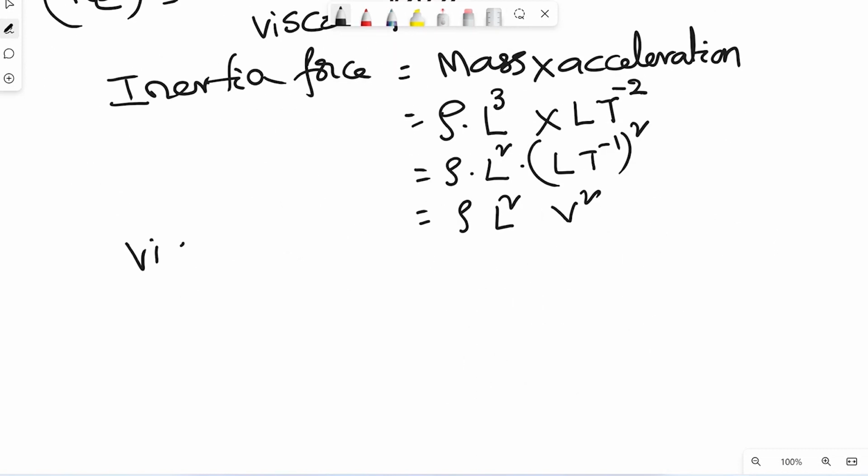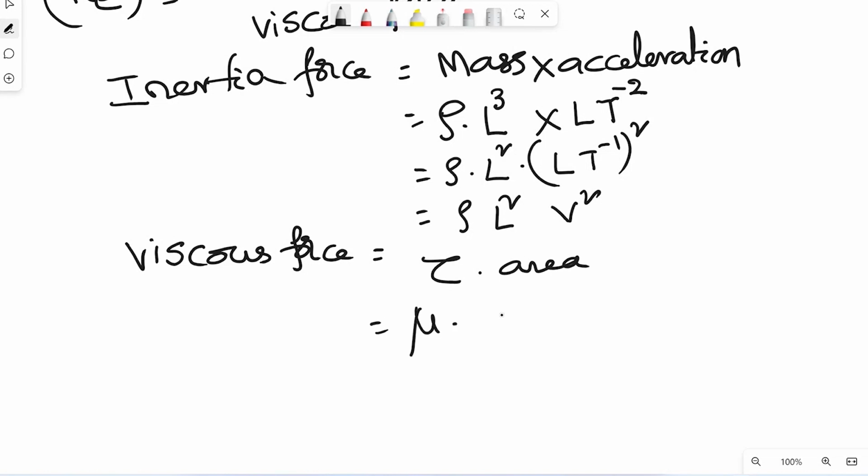Then what is viscous force? Viscous force is equal to shear stress into area. Shear stress is mu into V by Y, into L square.